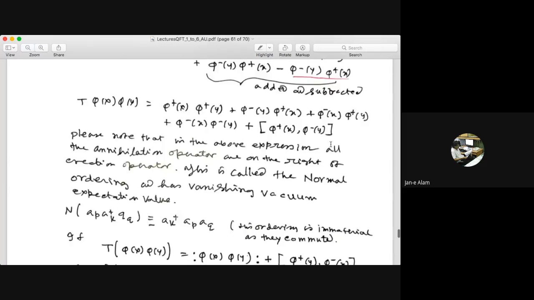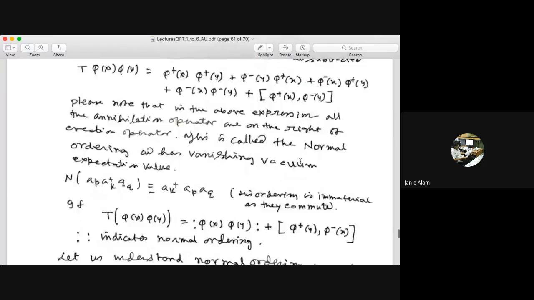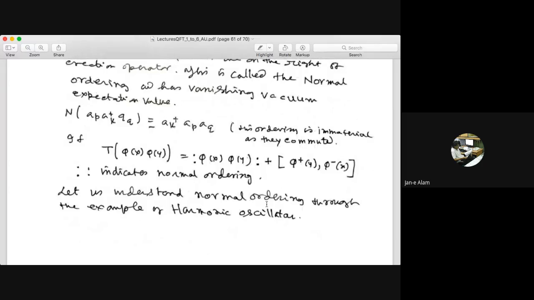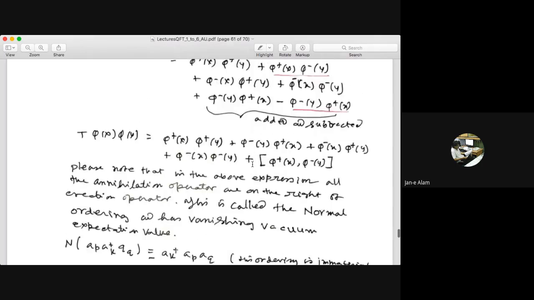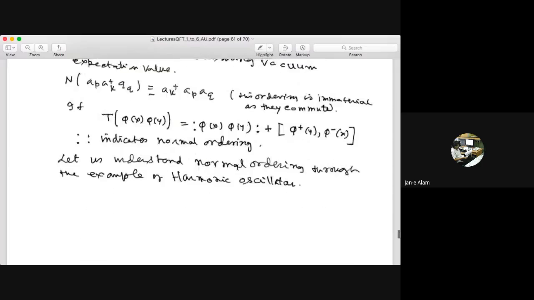This commutator was there already. And this colon sign on both sides of phi x phi y indicates that I have done the normal ordering. This is the notation, nothing else. This is actually a short way of writing this long expression, nothing else. Okay. So this is how it works.